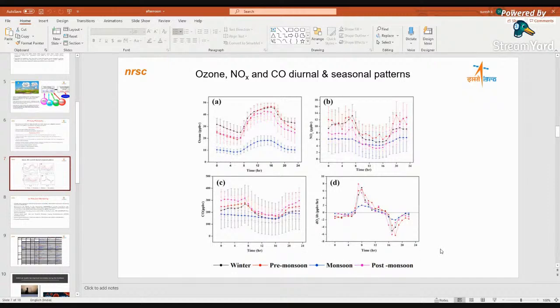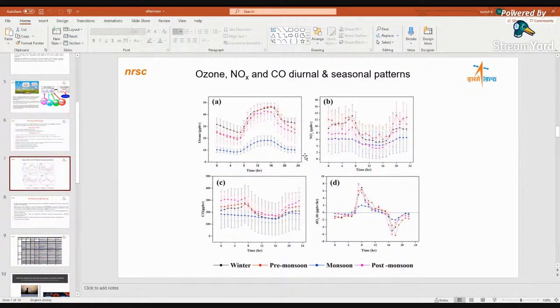For ozone, maximum concentration can be during pre-monsoon, which is March, April, May, with the maximum amount of sunlight and so maximum ozone formation. It can also be in winter due to boundary layer height and long-range transport. Ozone formed at a particular site can also be transported from other sites, including rural sites.